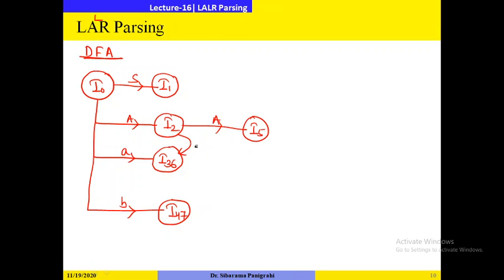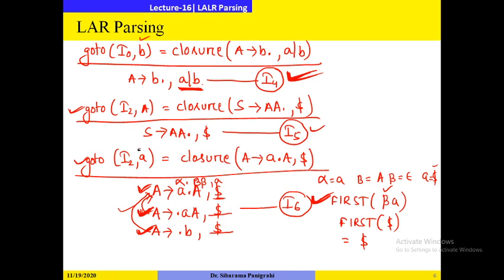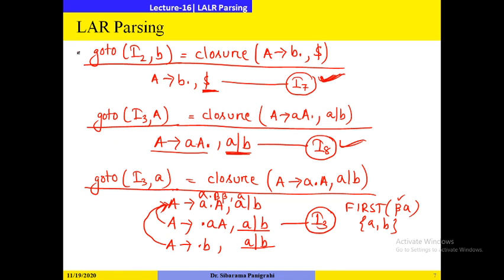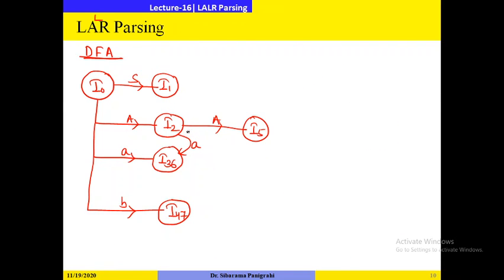I6 means I36. Right? Next, I2 by taking small b as input goes to I7. I7 means I47.